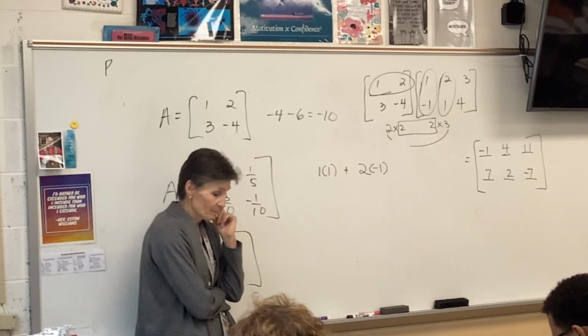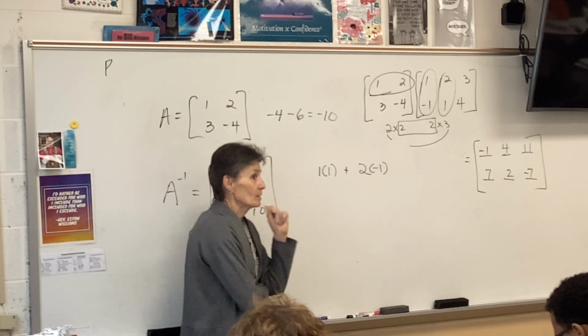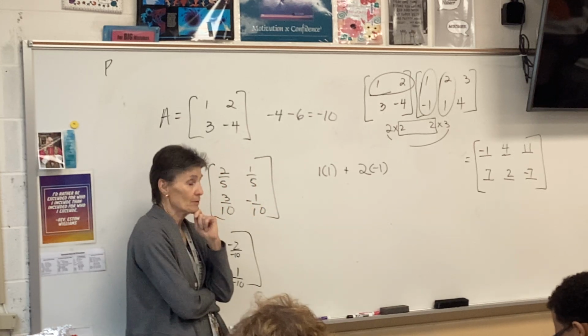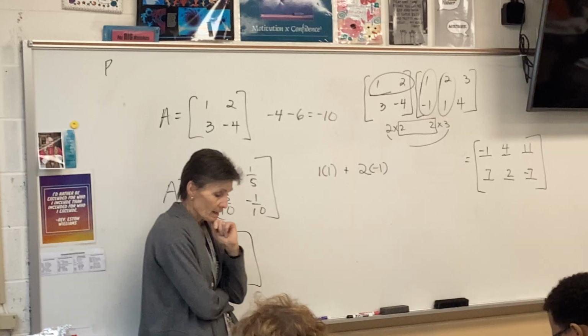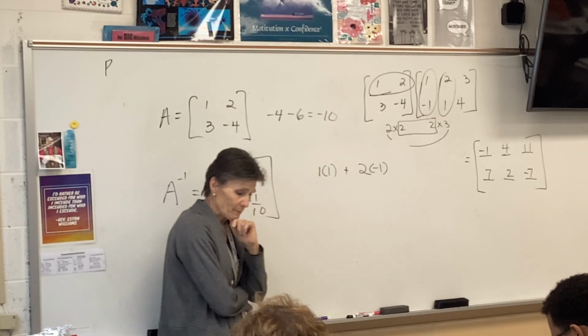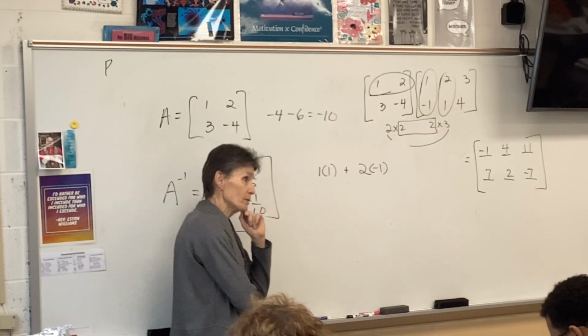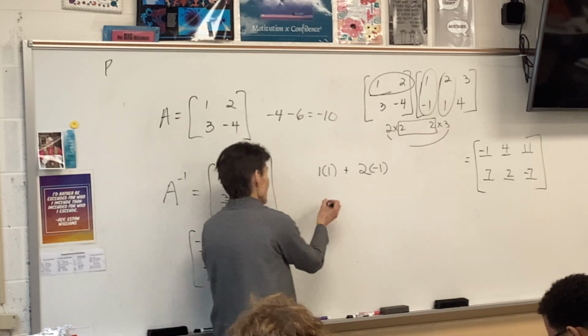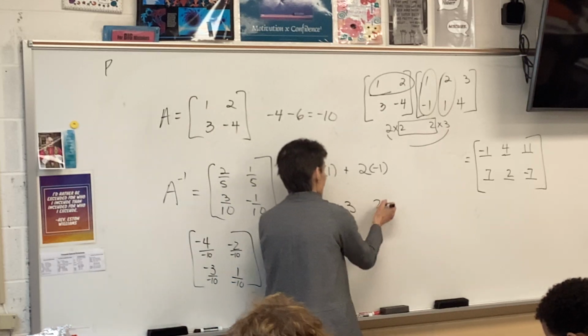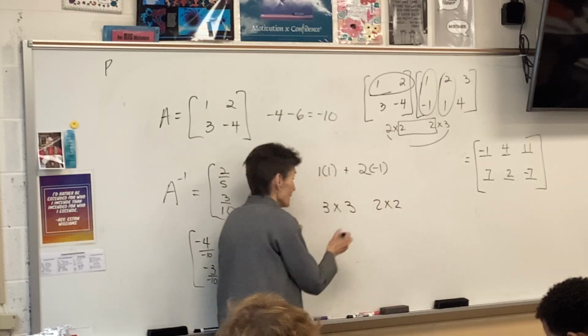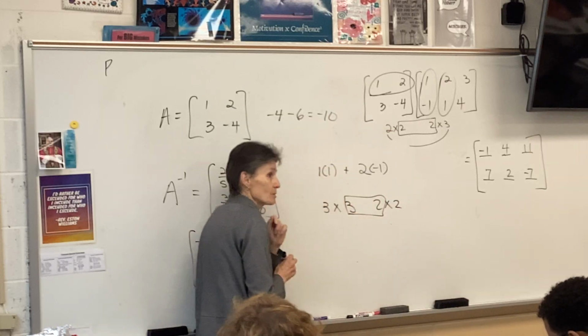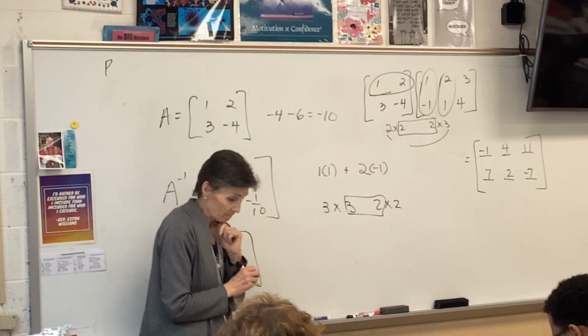So problem D is no solution. Can't do it. How about E? No solution. B times D. That's another no solution because B is a 3 by 3 and D is a 2 by 2 and these don't match. So nope, not going to happen.